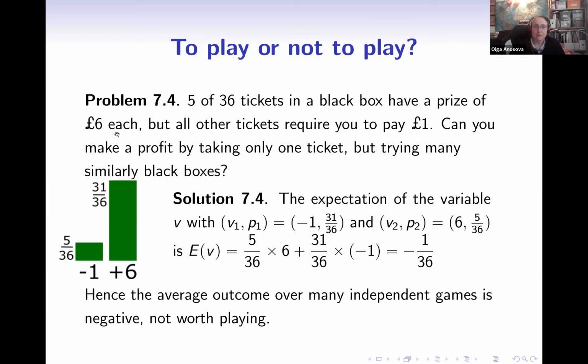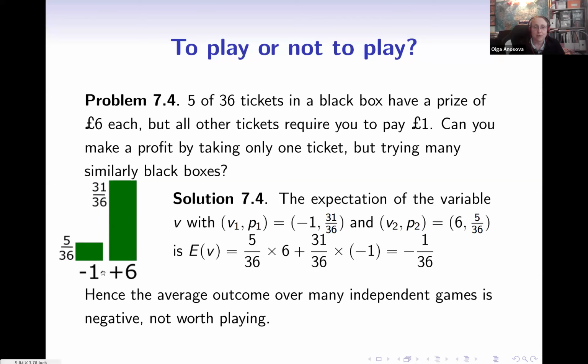Yeah, but what are the probabilities of those? The probability of -1 is not 5/36 as written in here, it's 31/36, yeah? And the probability of win is small, which means that on those green bars, -1 and 6 should be just swapped over. But if you do that, then we indeed will get the correct distribution.